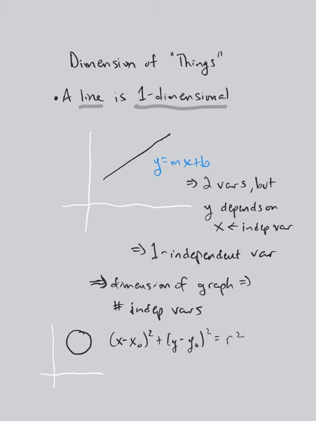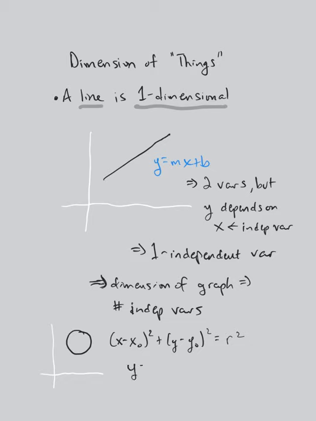That's the general equation of a circle in the plane. Now think about trying to solve this for y. You could move the (x minus x naught) squared over to the right side by subtracting it, then take the square root of both sides, and you could add the y naught over.